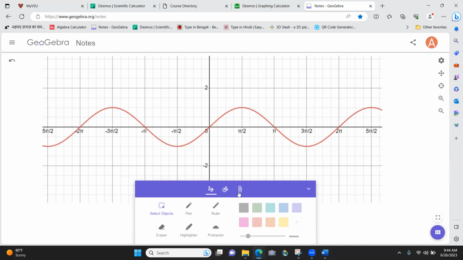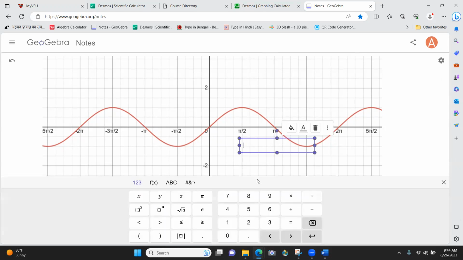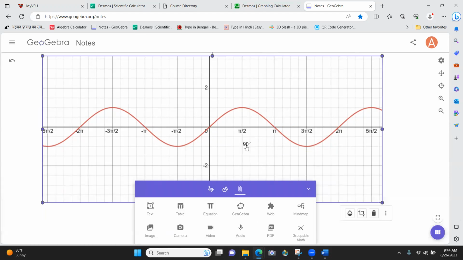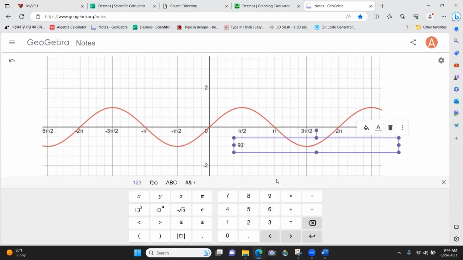Let's write down a few of these here, okay? And you want to go back and forth. You don't want to go back to your calculator and do all that. It really has to be smooth. This is 90. I'm going to do it in the same text box. And this is pi, 180.